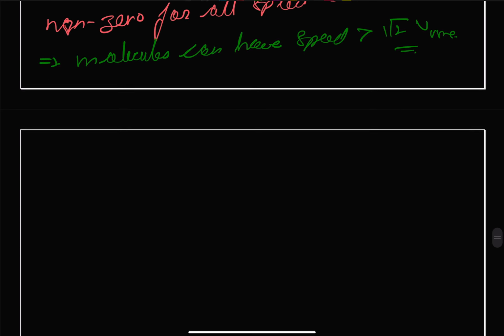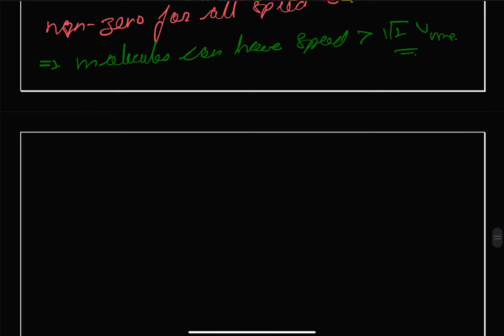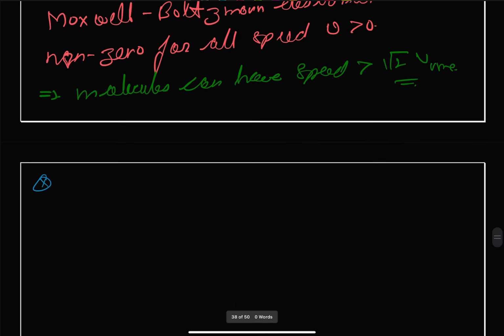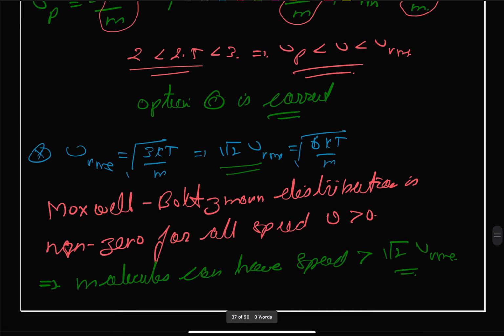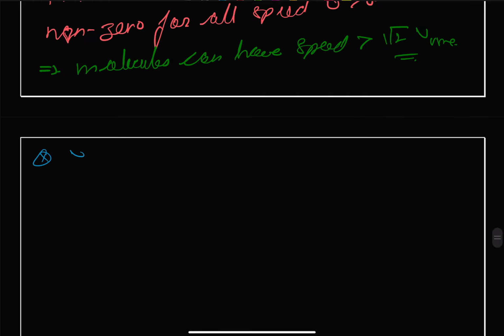And now we come to option B. Option B is with respect to Vp, and Vp is equal to the square root of 2kT by m. So Vp by square root of 2 is equal to the square root of kT by m.